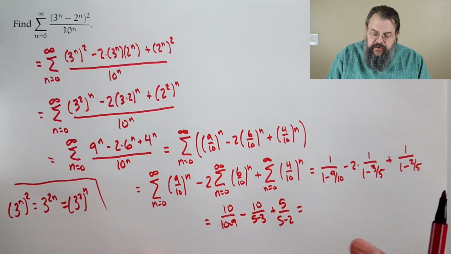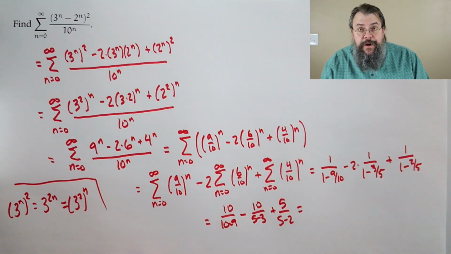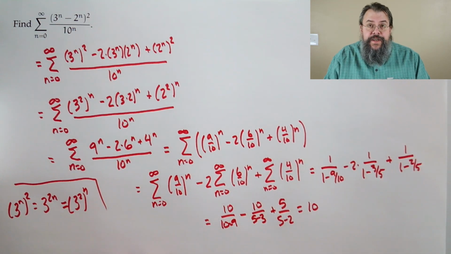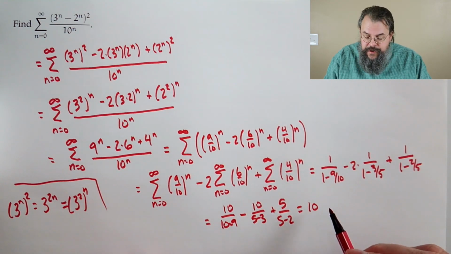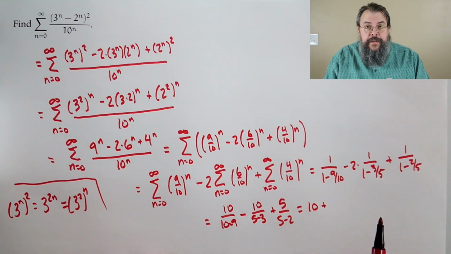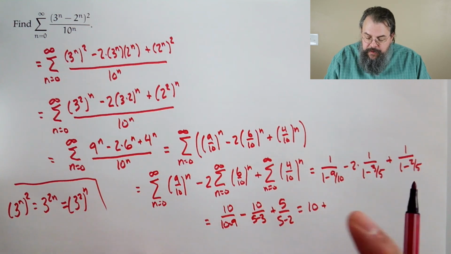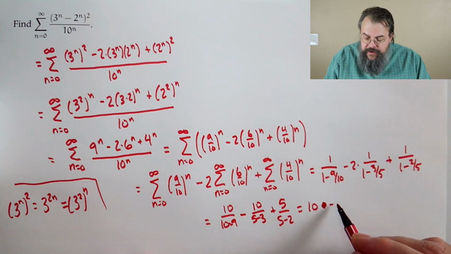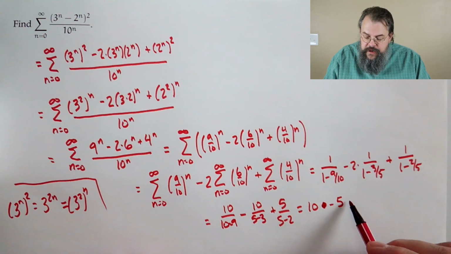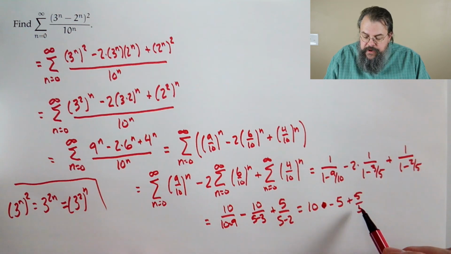So 10 over 10 minus 9, well, that's 10 over 1, so that's 10. 10 over 5 minus 3, that's 10 over 2, which is 5. But don't forget the minus, because I forgot my minus. So minus 5. And then 5 over 5 minus 2 is 5/3.